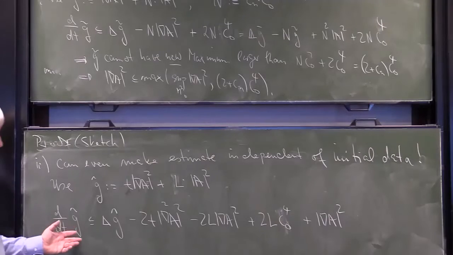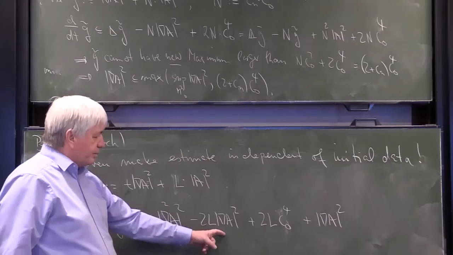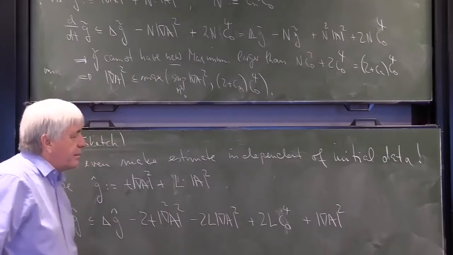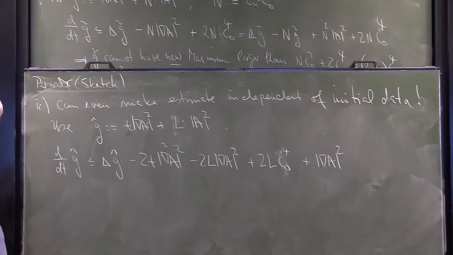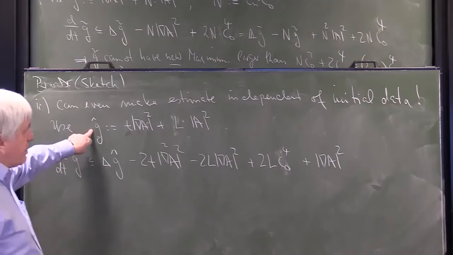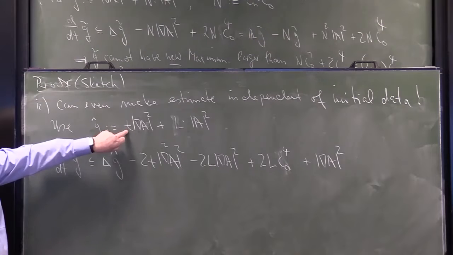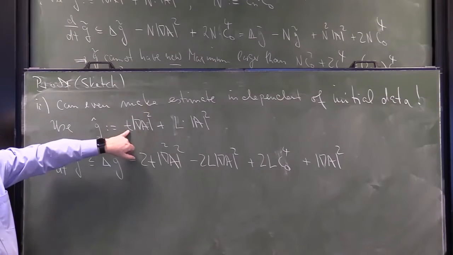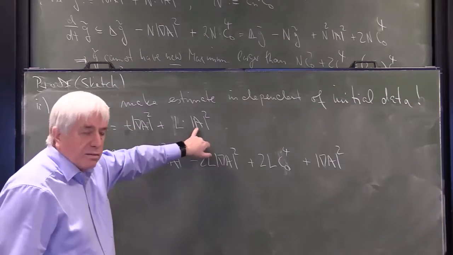But now we know how to absorb this term in here. So we can use exactly the same argument, and we end up with the fact that this thing is bounded by its initial data. But then this thing being bounded by its initial data plus some constant only involves the C0 squared.